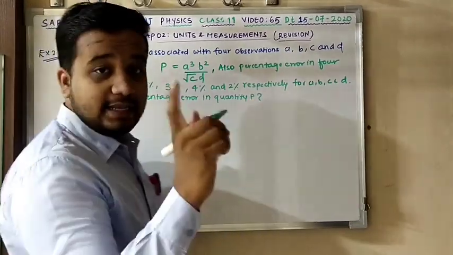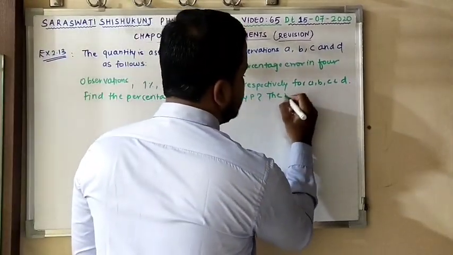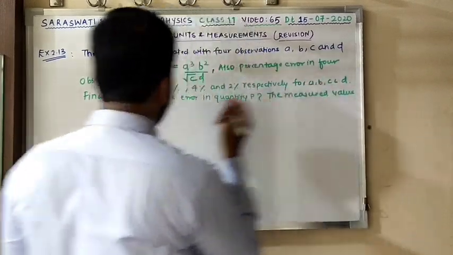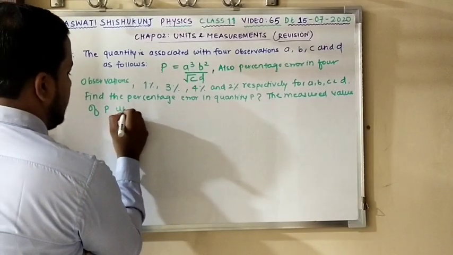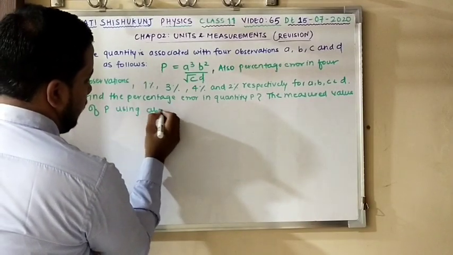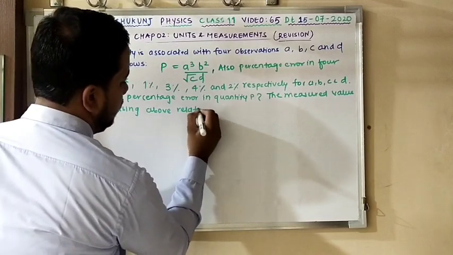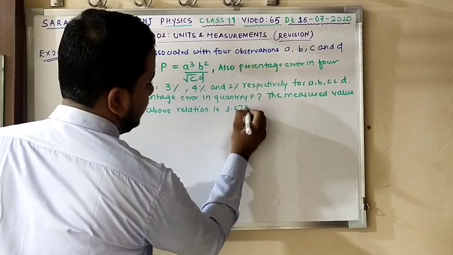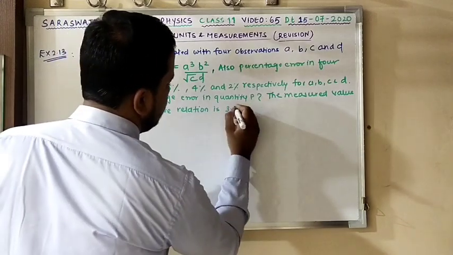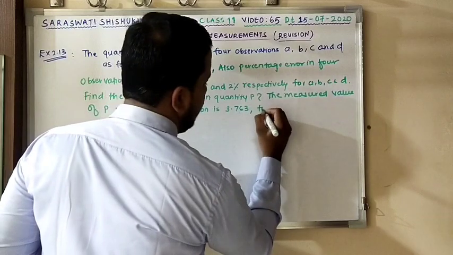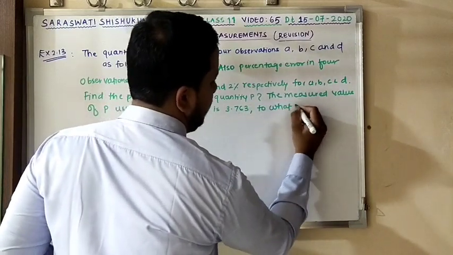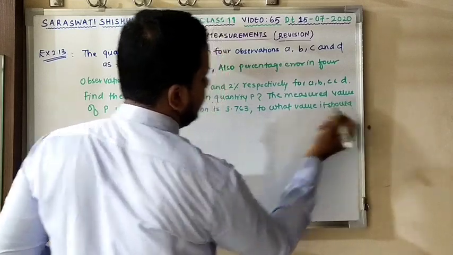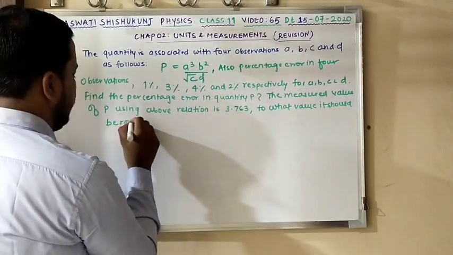And the second question they are asking is that the measured value of P using the above relation is 3.763. To what value should it be rounded off?